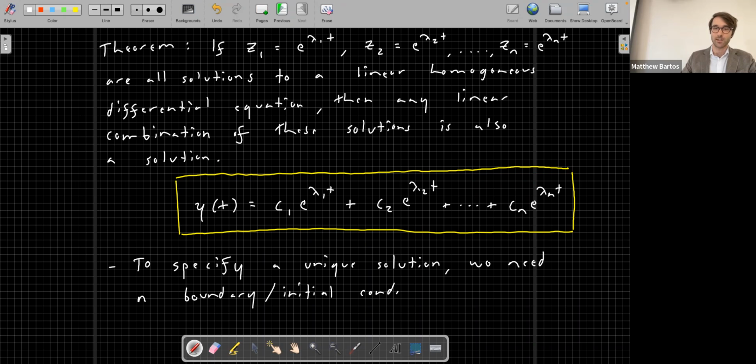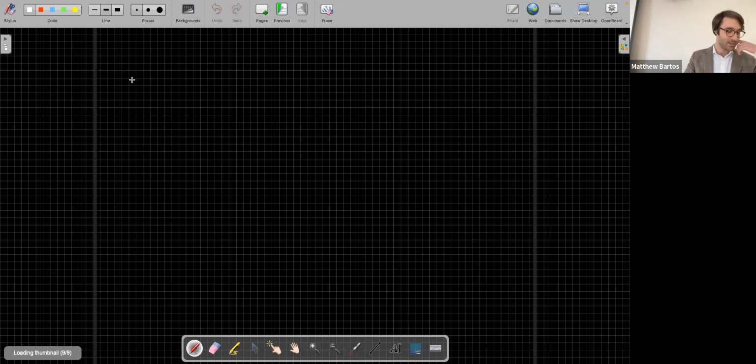Many of you remember this from your undergraduate differential equations. This is an important concept. Okay, so we'll be dealing with two different types of problems in this class. There are two main types corresponding to the different conditions that you give to constrain the solution. The first are boundary value problems.